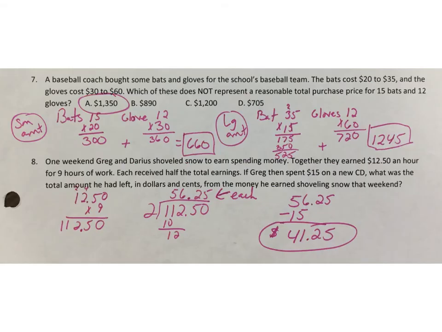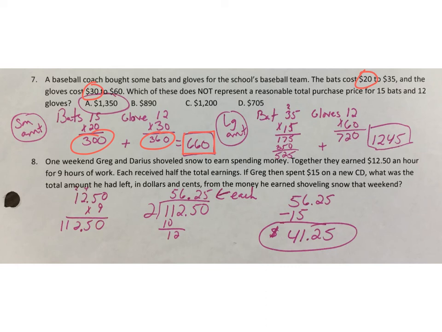Number 7, it's a range of different answers. So first, the smallest amount would be if I paid $20 and $30. And I calculate that. At $20, 15 will get you 300. At 30 times 12 will get you 360. So bats plus gloves, the cheapest amount you're going to pay is 660.